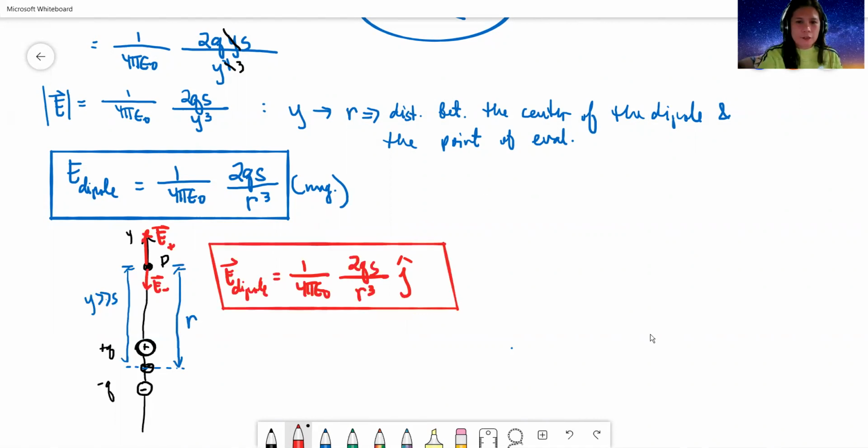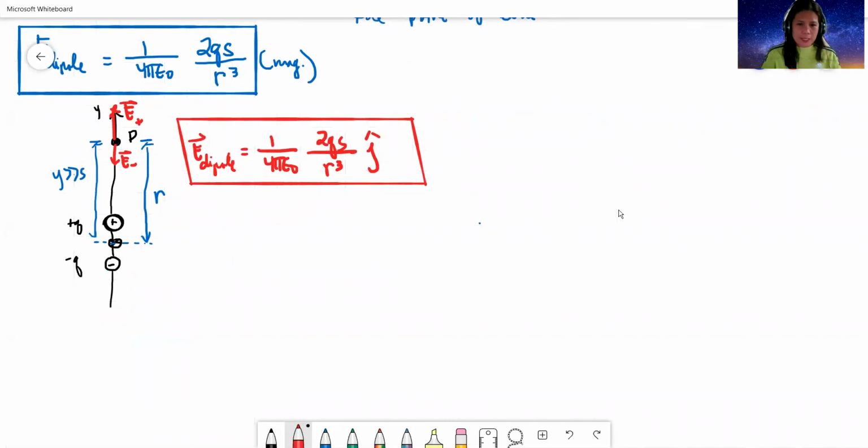But if the dipole is placed along the x-axis, so we have, let's say, this is positive Q and this is negative Q. They're now on the x-axis. So this equation can still be used if the point of evaluation is along the x-axis.